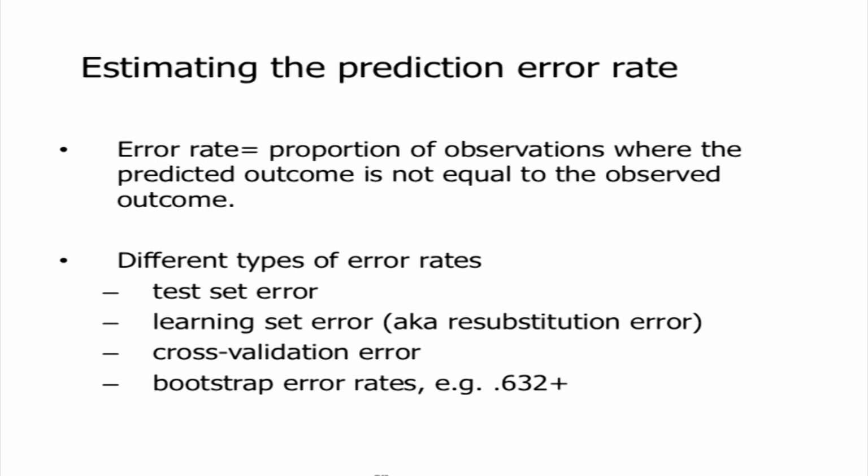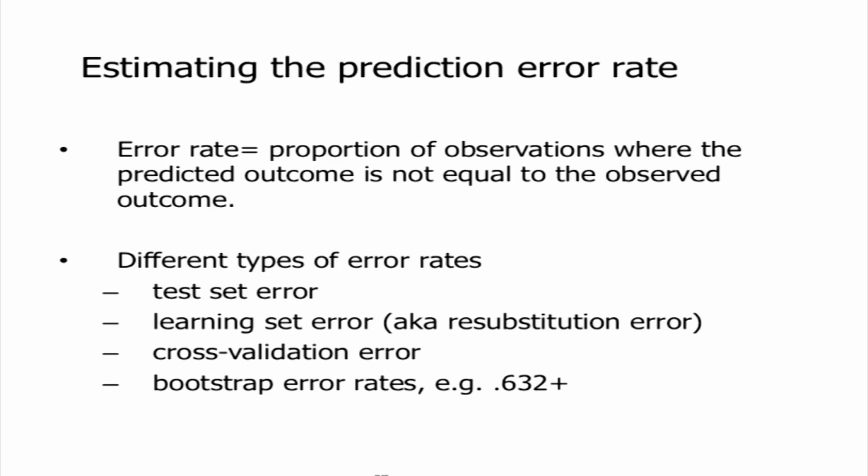For example, a new data set of 100 cancer subjects. This is the type of error rate that people want to see when they read a paper. They want to see, well, what was the error rate on a totally independent data set.